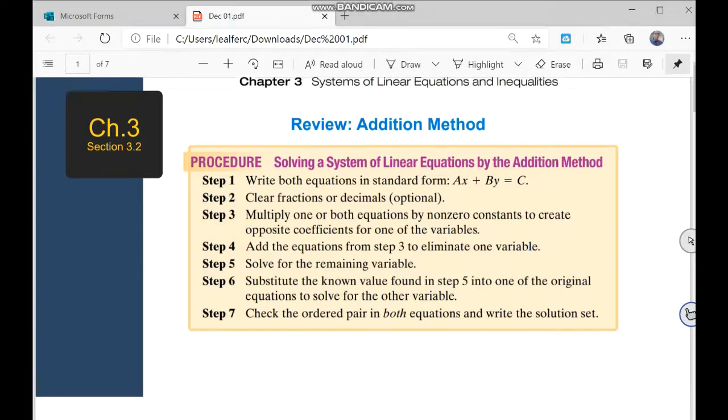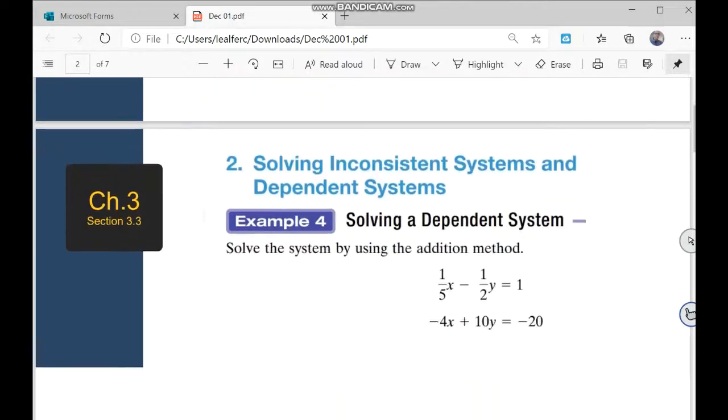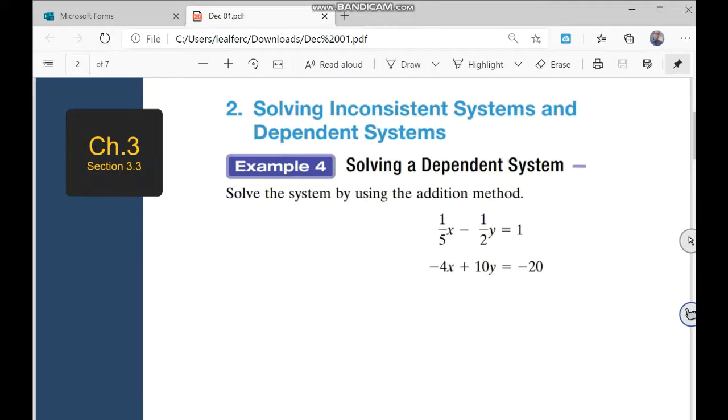All right, this is the review from yesterday. Today we're going to see how to apply the addition method and identify if the solution is going to be one solution, or no solution, or the case of infinitely many solutions.